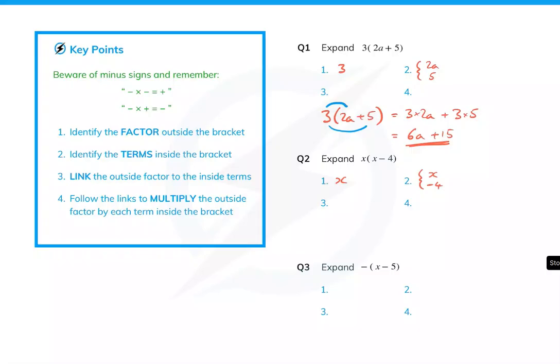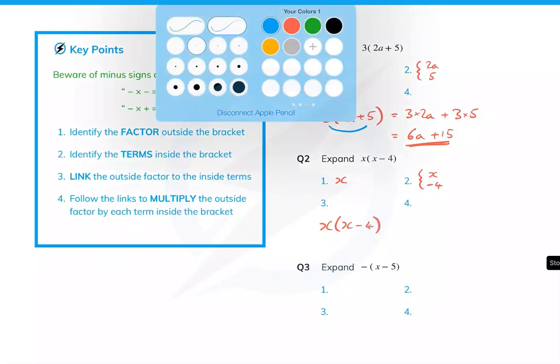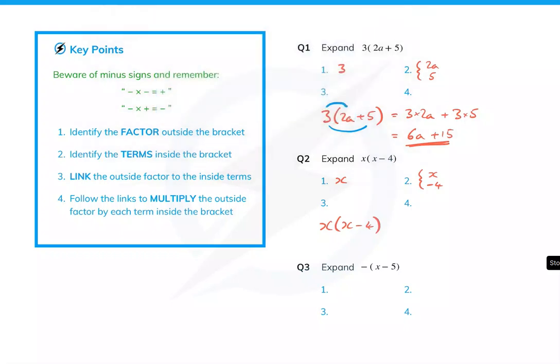Right, now what do we do? Well, let's write out the question again, x times x minus 4, and link the factor outside, which is that first x, to the two terms inside. So x gets linked to x, and then x to minus 4. And now step 4, perform the multiplication.